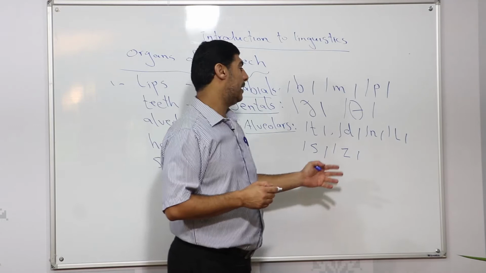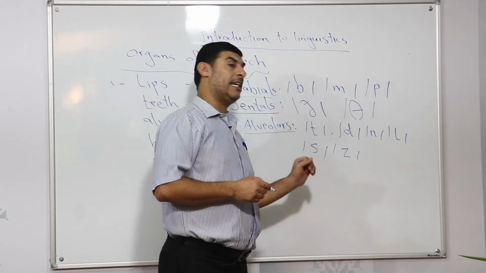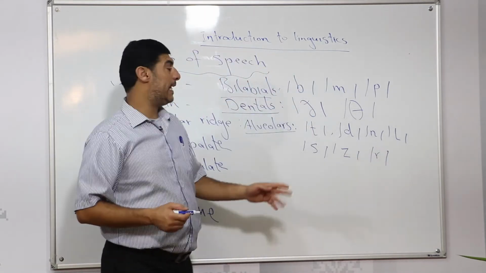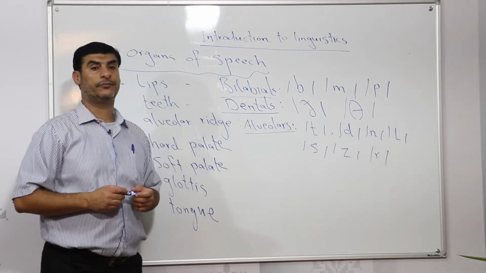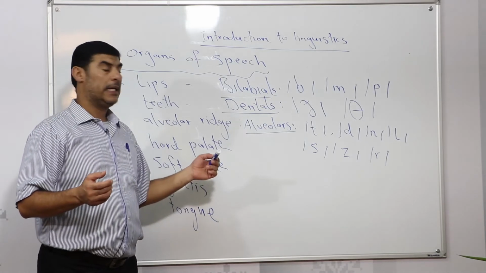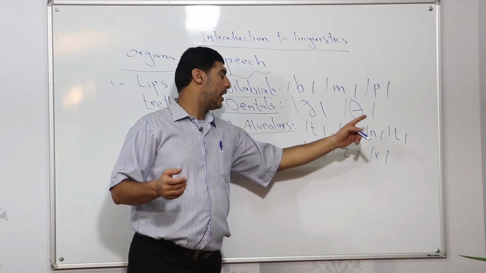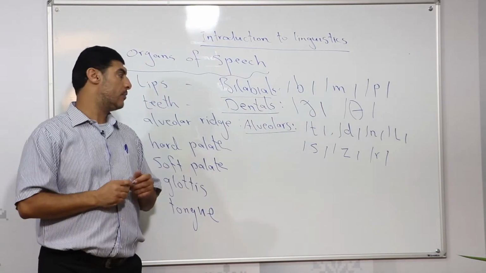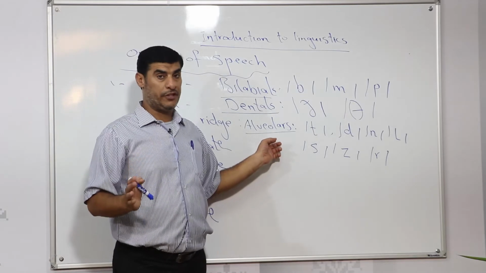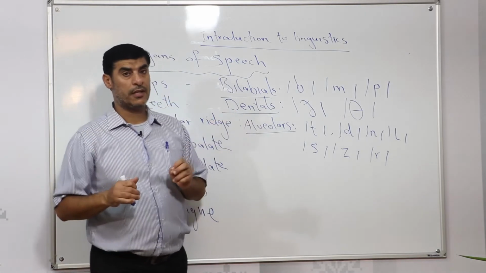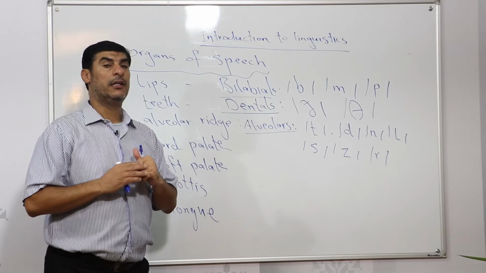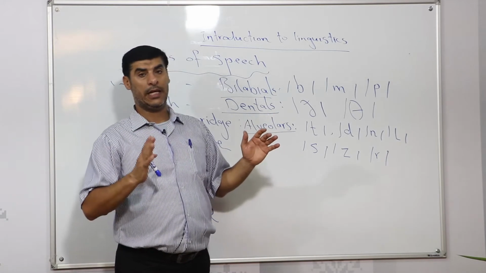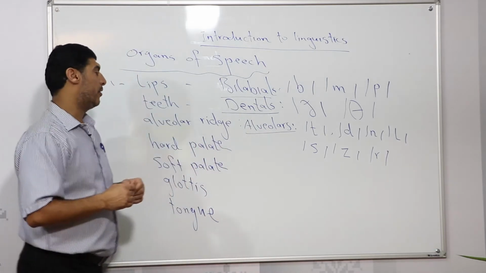Ta, da, na, la, sa, za, and ra. These are alveolar sounds. How many? 1, 2, 3, 4, 5, 6, 7. So we have 7 alveolar sounds. How are they produced? They are produced when the tip of the tongue touches the alveolar ridge, which is the area behind your upper teeth, right?